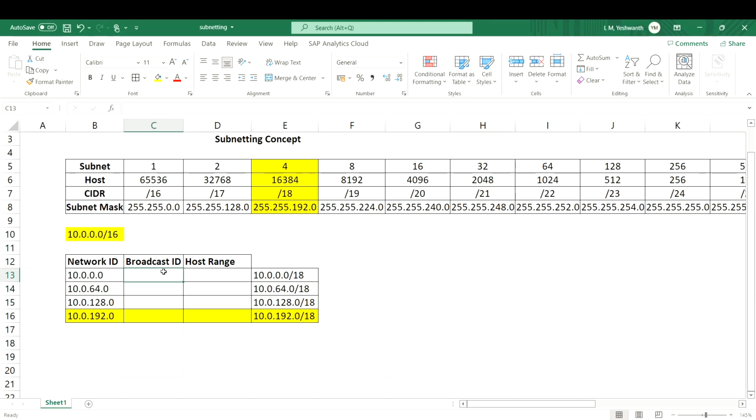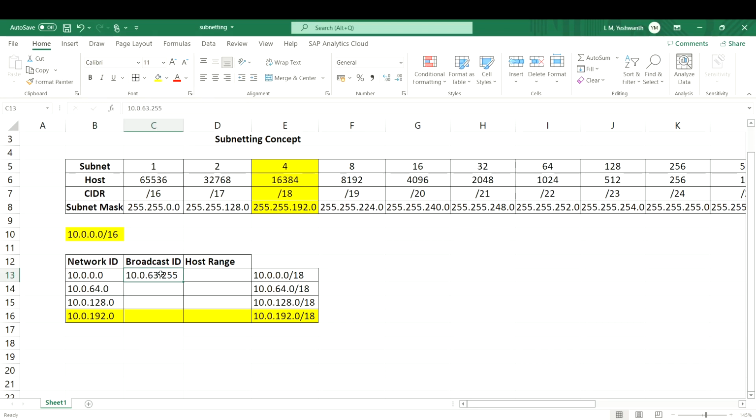Okay, next let us go with the question and see what is our broadcast ID. So to get your broadcast ID, it is really simple. Okay, so what you have to do is, based on this one, broadcast ID will be your next network ID minus 1. So what you have to type in here is 10.0.63.255. Okay, so here we have 64.